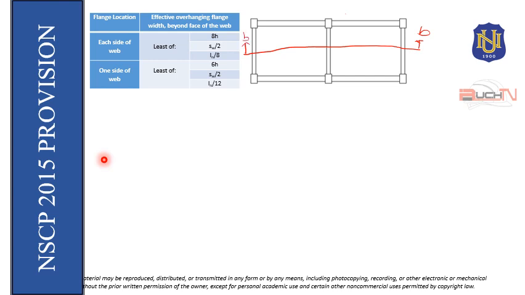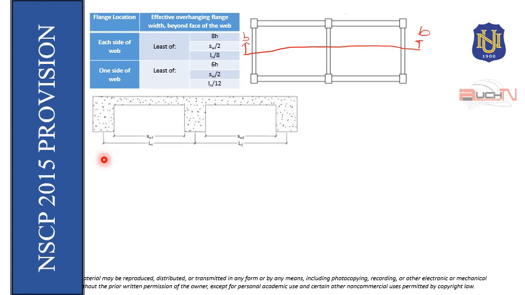Pag kinat natin yung cross-section na yan, lalabas yung ganitong figure. Ang hinahanap kasi sa atin, sabi ng code, S sub W is the clear distance to the next web. Kung ito yung beam na i-analyze natin, it will give you a figure of a T-beam. Kakailanganin natin hanapin kung anong clear distance niya dun sa next web.